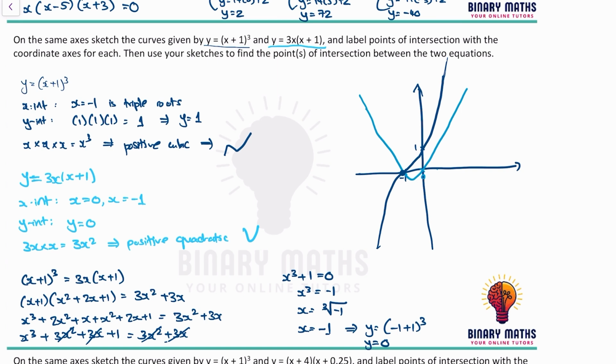So the point of intersection is only -1, 0, which makes sense with our diagram.